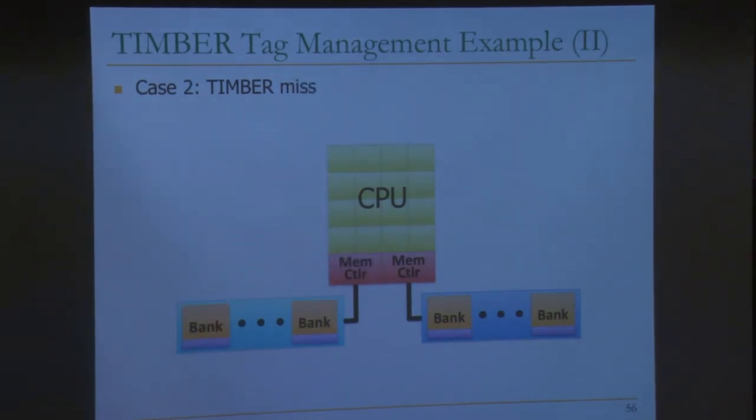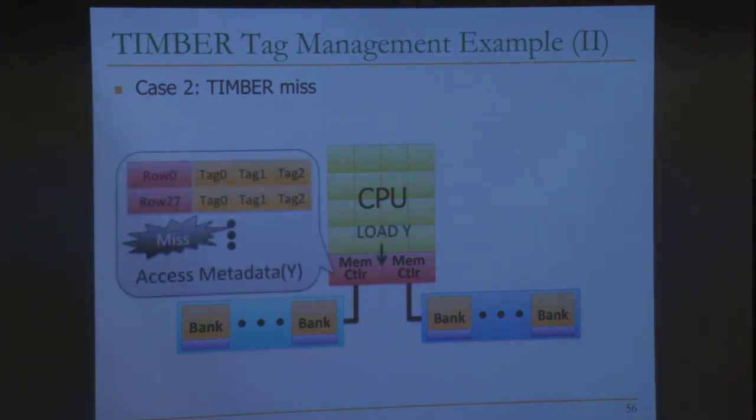Here's what happens if its metadata isn't cached, though. We have another load, and we realize that we don't have the row metadata for this row cached. Uh-oh. First we have to access the metadata for this row and cache it in the TIMBER. So we access the metadata block, bring it back to the memory controller, and cache it in the TIMBER.